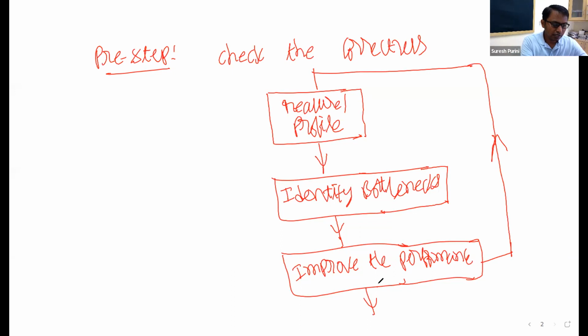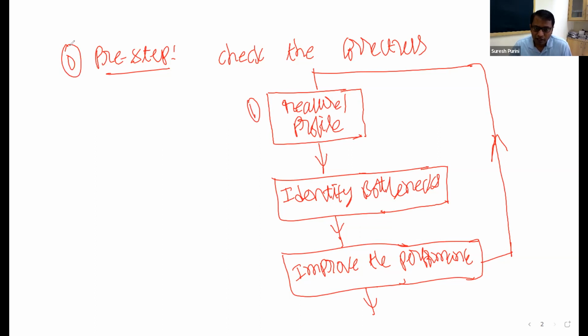In this process, there are several parts. The first part is how do we profile our program? We will spend some amount of time in today's lecture on this. Step 0 is correctness, and step 1, we will spend some time on how do we profile our program.